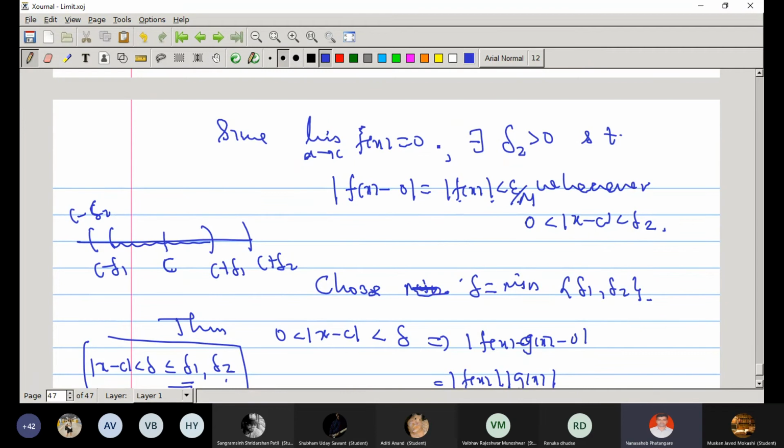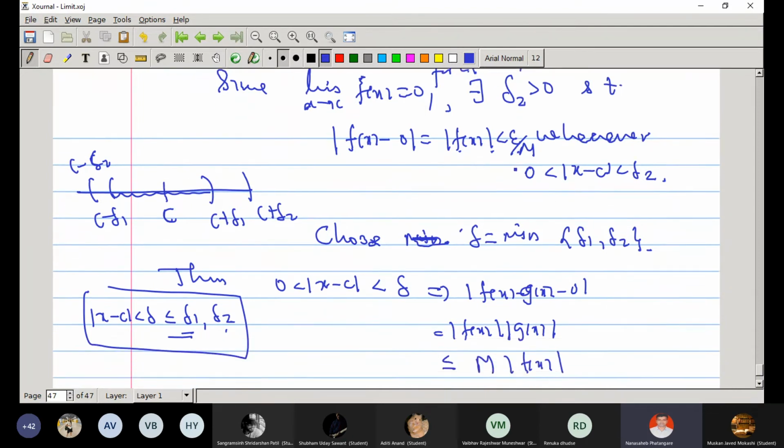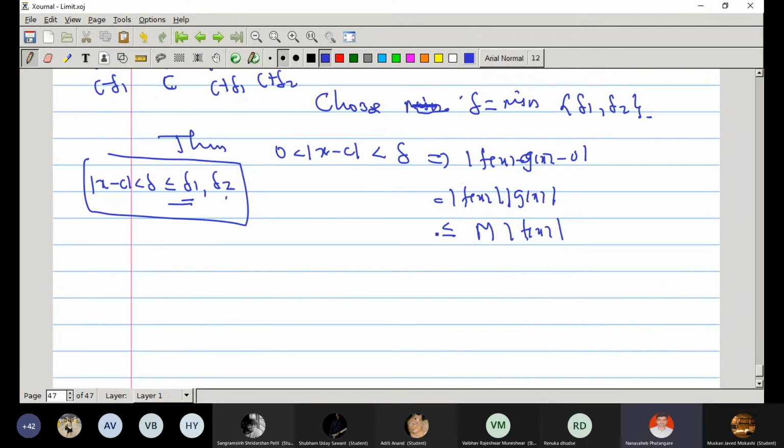We have produced this for epsilon 1 equal to epsilon upon m. Epsilon is already given and m is also known, so epsilon by m is a positive quantity, and for that there is a delta 2. So this is less than m times epsilon by m, which is epsilon.